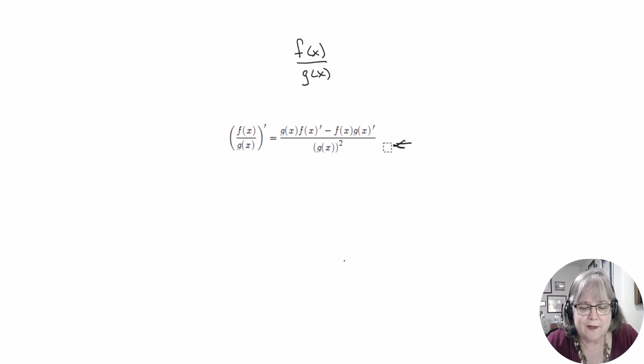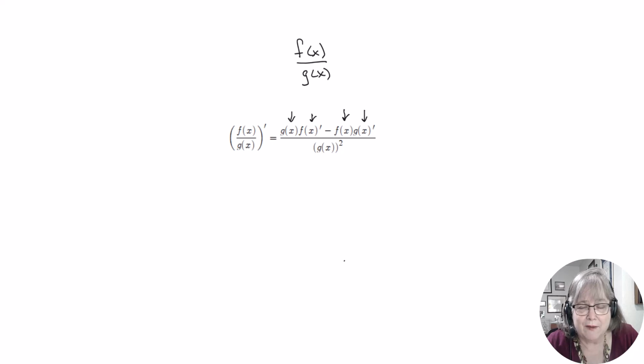You take the function in the bottom, that would be g, and multiply by the derivative of the function in the top, that would be f prime. And then there's always a minus. Then you take the function in the top and multiply it by the derivative of the function in the bottom. Now, with addition, it doesn't matter which way you add.